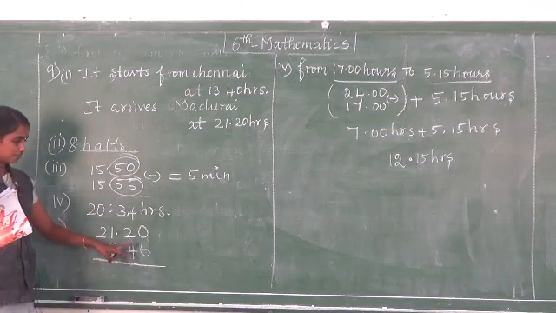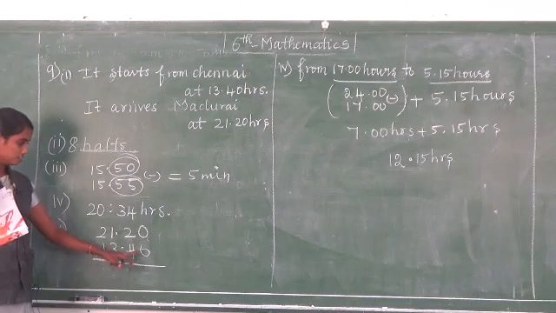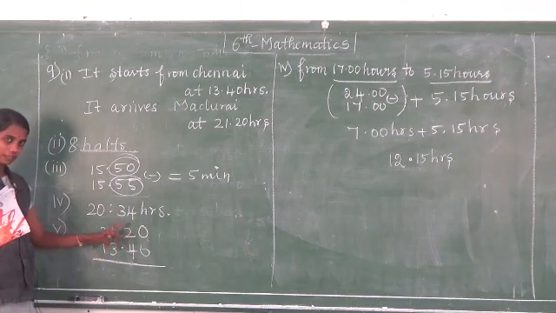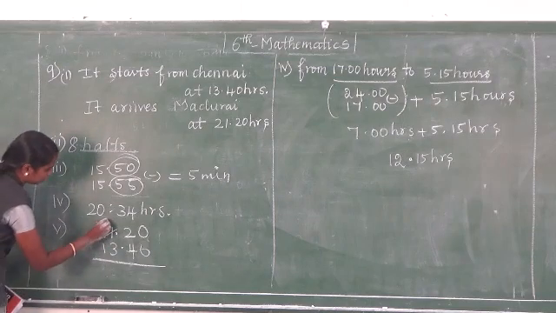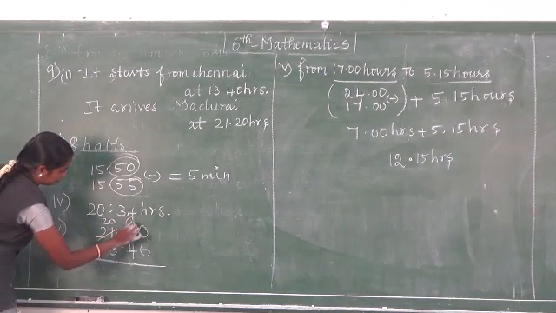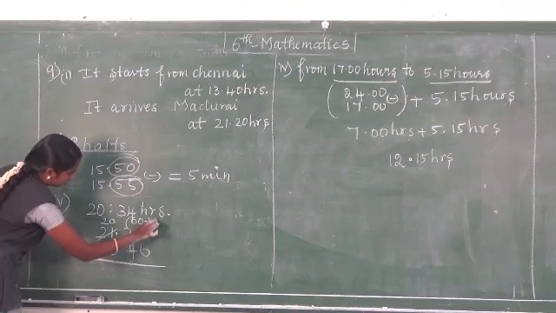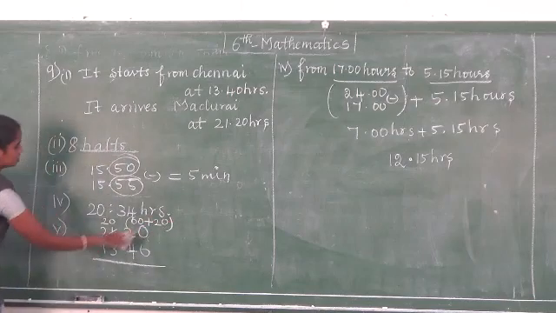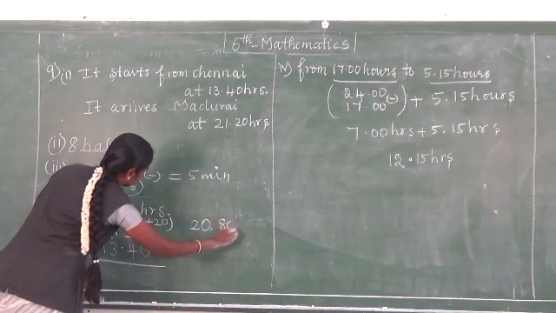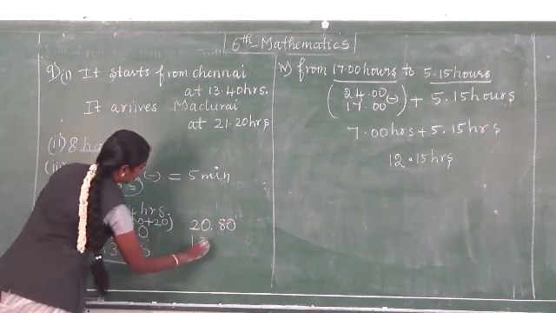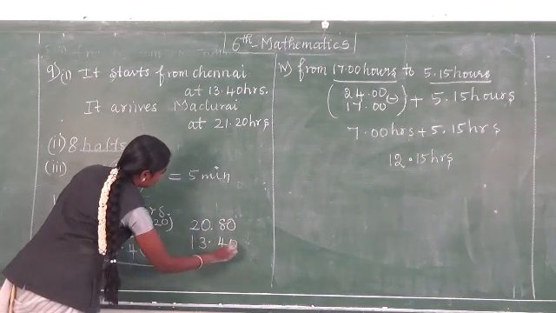From the 20 we cannot subtract the 40. So what we used to do, we will borrow from the hours. If you borrow from the hours, it will become 20 and it will be added to that 60. So 60 plus 20 becomes 80. So here 20 hours 80 minutes, then here 13 hours 40.